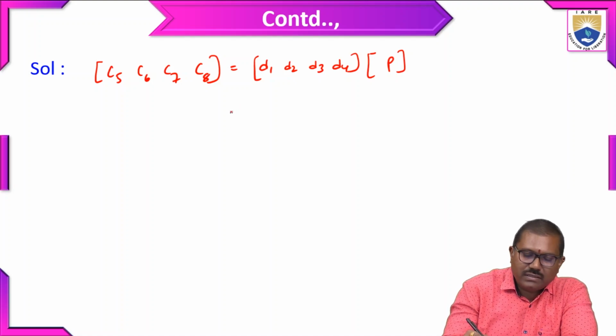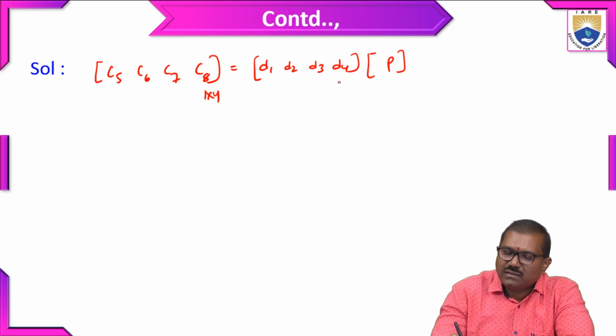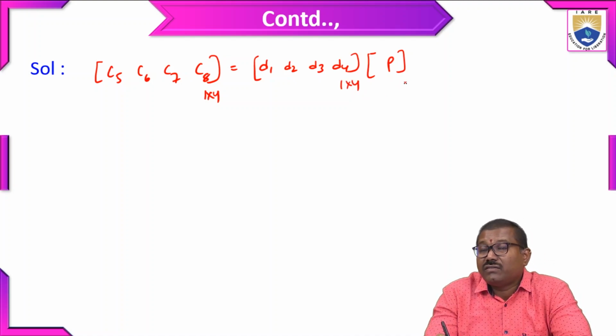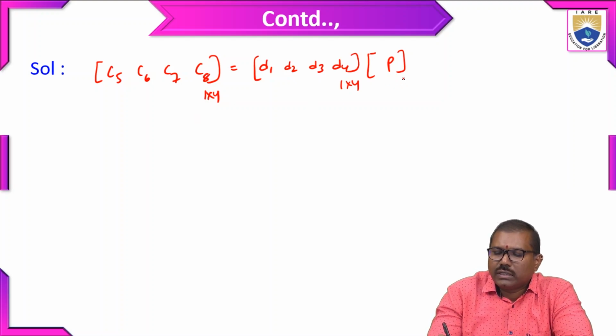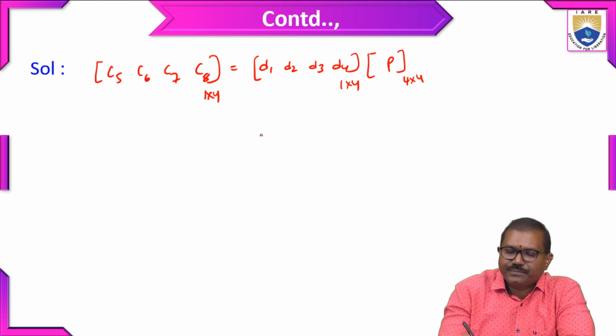These are the parity bits, which equal the message bits times the coefficient matrix. What is the size of this? This is 1 by 4 and this is also 1 by 4, so the coefficient matrix must be 4 by 4. Then matrix multiplication is possible.